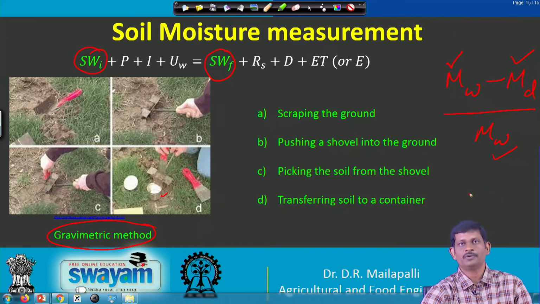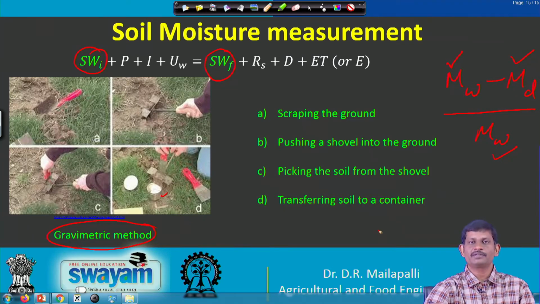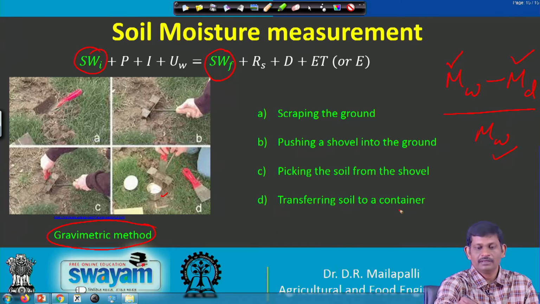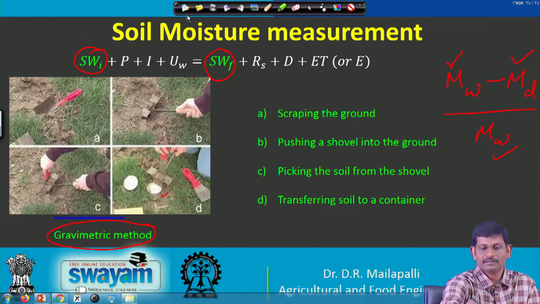This gives the moisture content on a weight basis, and to find the moisture content on a volume basis, you have to multiply it with the bulk density of soil.